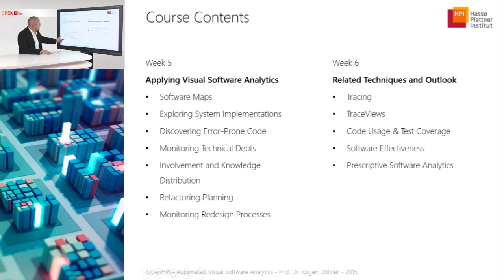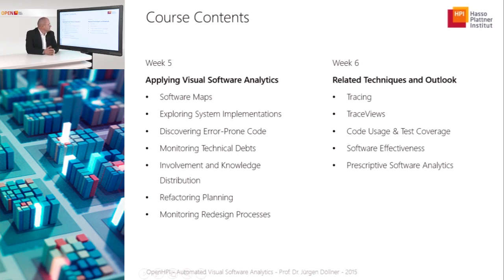Maybe this list is quite important if you ask, what can I do with automated visual software analytics? Where does it help? What can I expect from software analytics? These are the practical parts where we get in touch with a software analytics tool as well. This also clarifies the ultimate goal of software analytics, namely to answer those questions and to offer tools for these challenges.